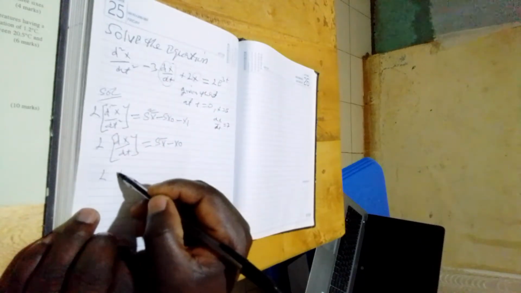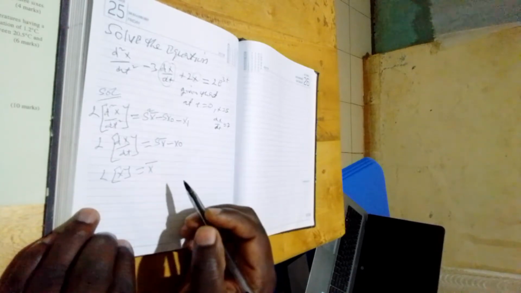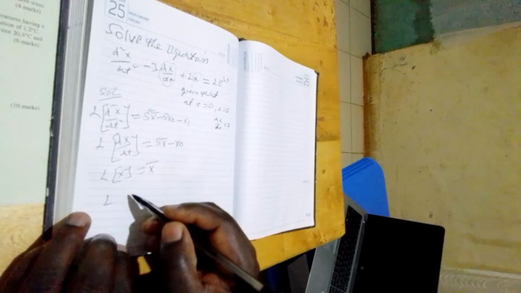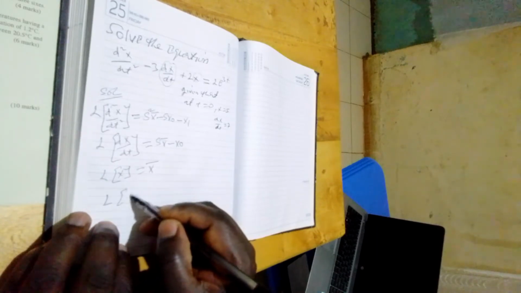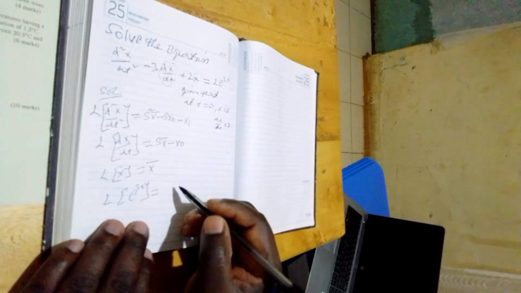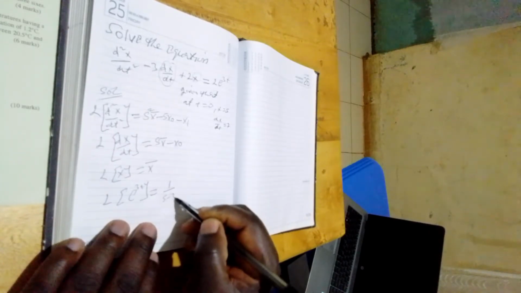Laplace transform of x is x bar, then Laplace transform of e^(3t) equals 1 over s minus 3.